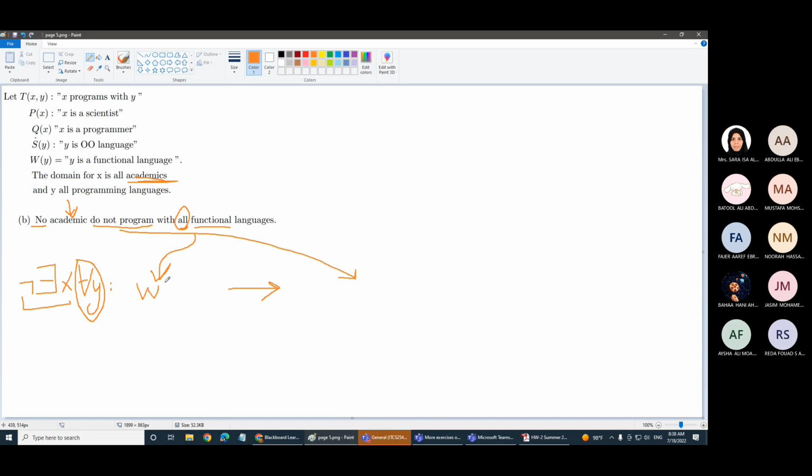W. So if functional, then not, because do not program, not TXY. That's it. It means I am saying it is not the case that there is an academic who does not program with all functional languages. Is it clear?